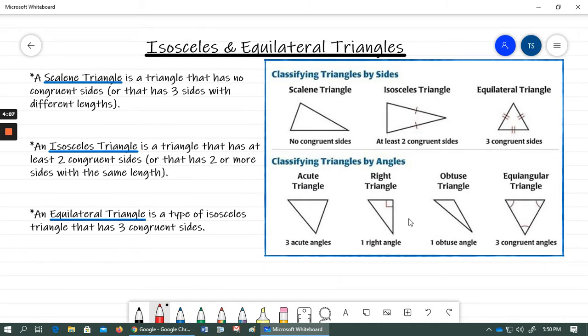All right, so folks, something that you want to make sure that you know when you're looking at a diagram or drawing an actual one of these types of triangles, isosceles or equilateral, is that on the diagram or on that triangle that you're drawing, you see certain indications on that actual picture that let you know for sure that it's an isosceles triangle or an equilateral triangle.